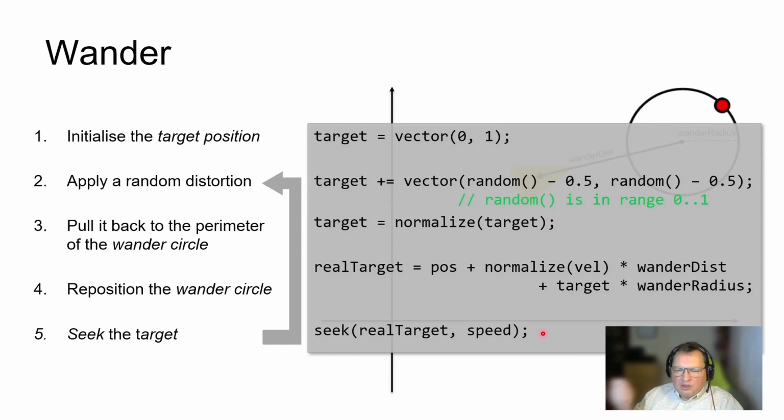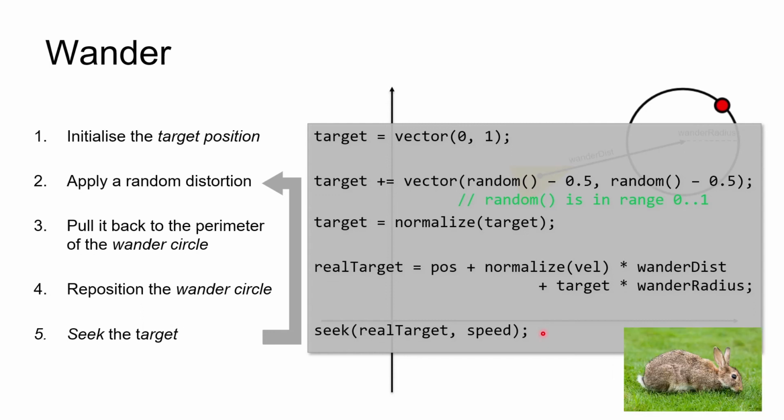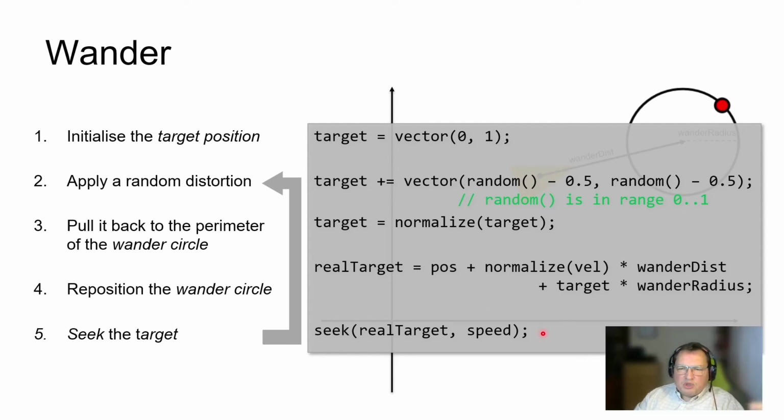As you think about it, if I am a rabbit just nibbling some grass and wandering around, I won't be particularly speedy. But when I spot the fox, I will run really, really quick. So the speed should be different from seek/flee speed, different and lower. Please note it's quite important that steps from 2 to 5 should be executed each frame on a frame-by-frame basis, and step number 1 is just the initialization. It's a one-off initialization.